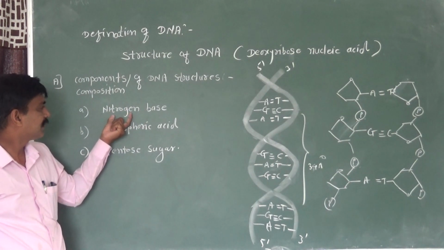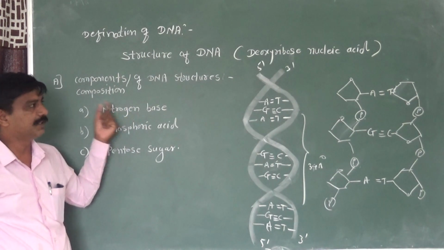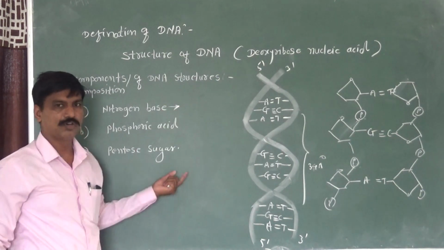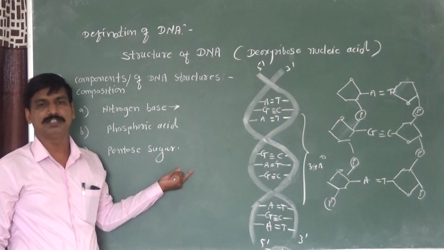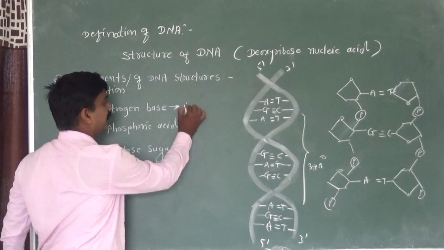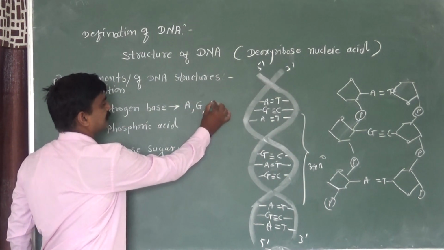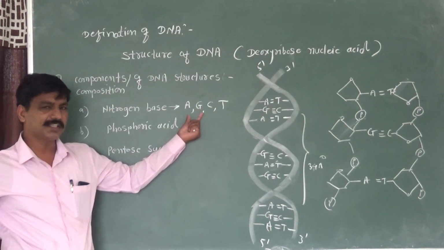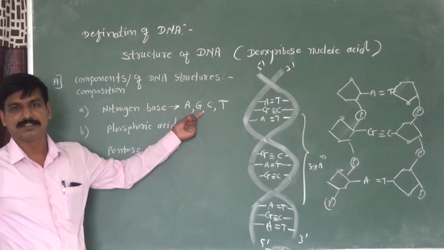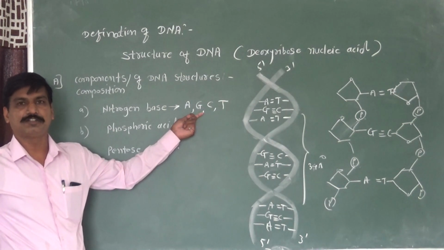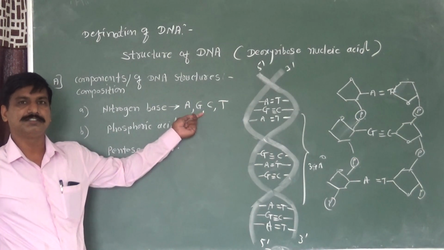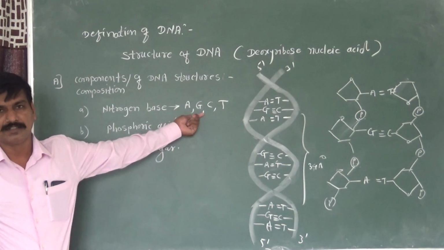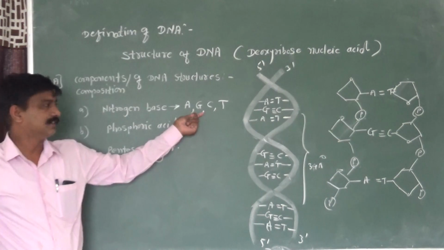Here, the components or composition of DNA structure include the following points. First of all, the nitrogen bases. Four nitrogen bases are seen in the DNA structure: adenine, guanine, cytosine and thymine. They are important parts that give the genetic code or genetic information of the cell.